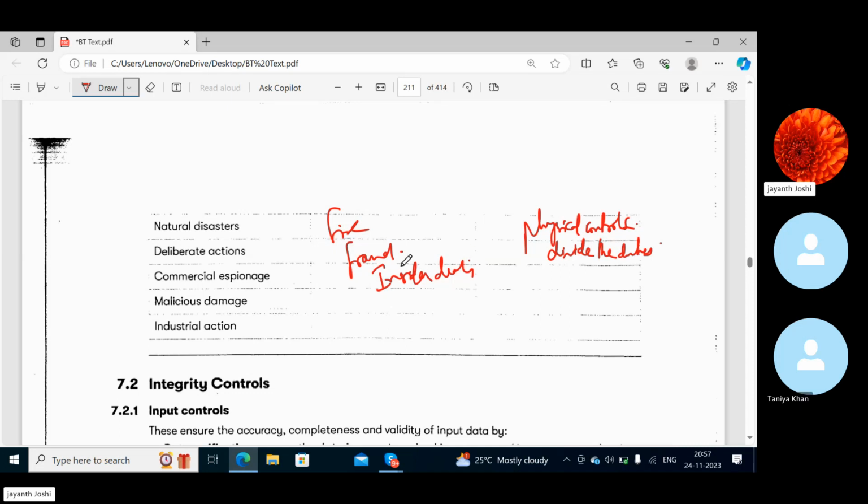Yeah, so some kind of spying done to obtain some information. So system monitoring. Malicious damage, someone trying to do something with some malicious intent, like trying to put some virus or other malware: antivirus. Industrial actions, strike: if the laborers are on strike, maintain good relations with staff.